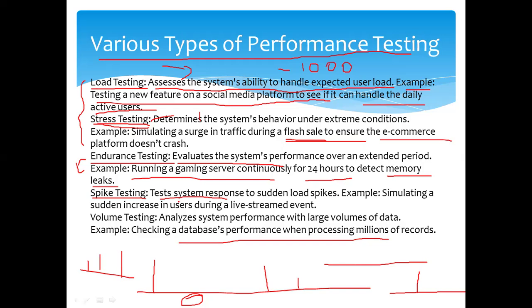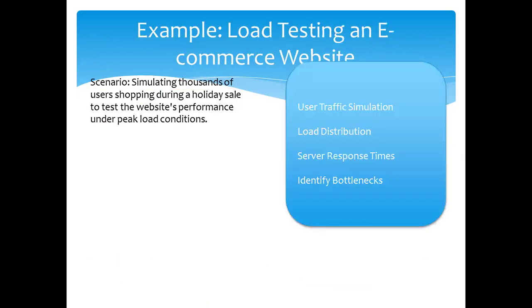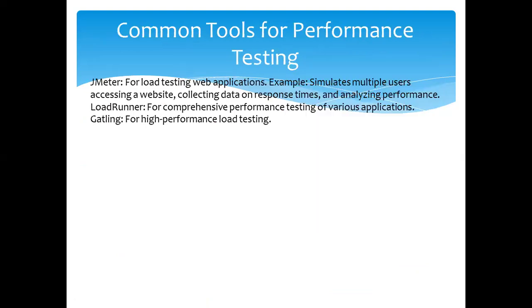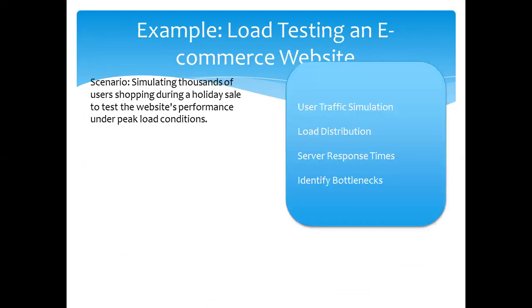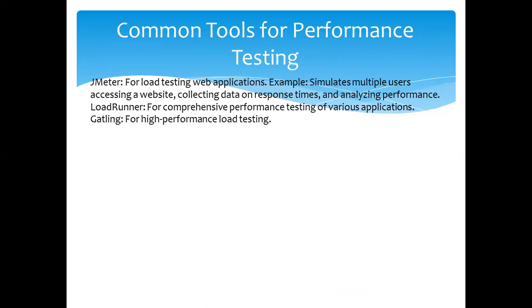Whatever application you are doing. In our course we are using JMeter for doing the load testing, stress, or everything. Actually we have common tools like JMeter, LoadRunner and NeoLoad.